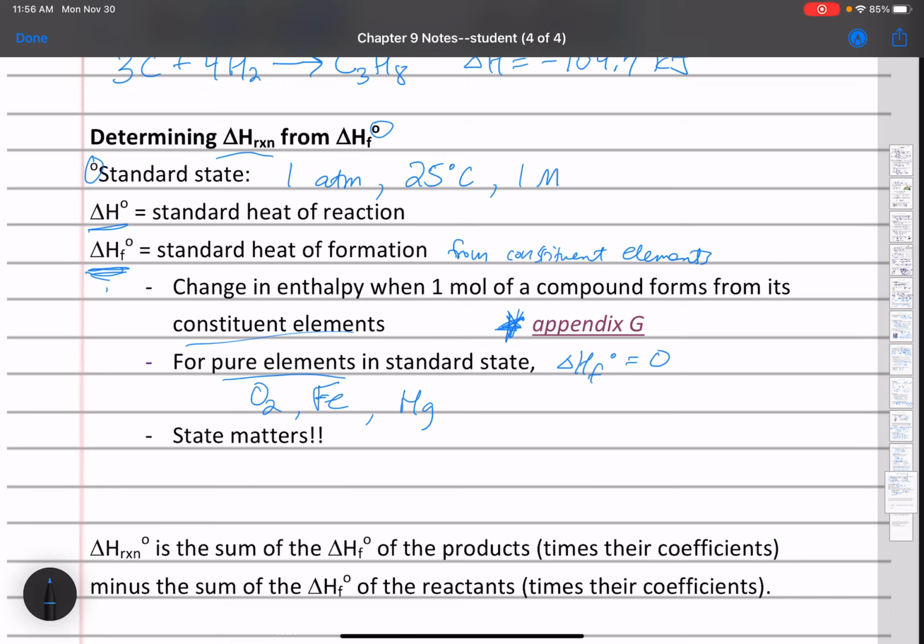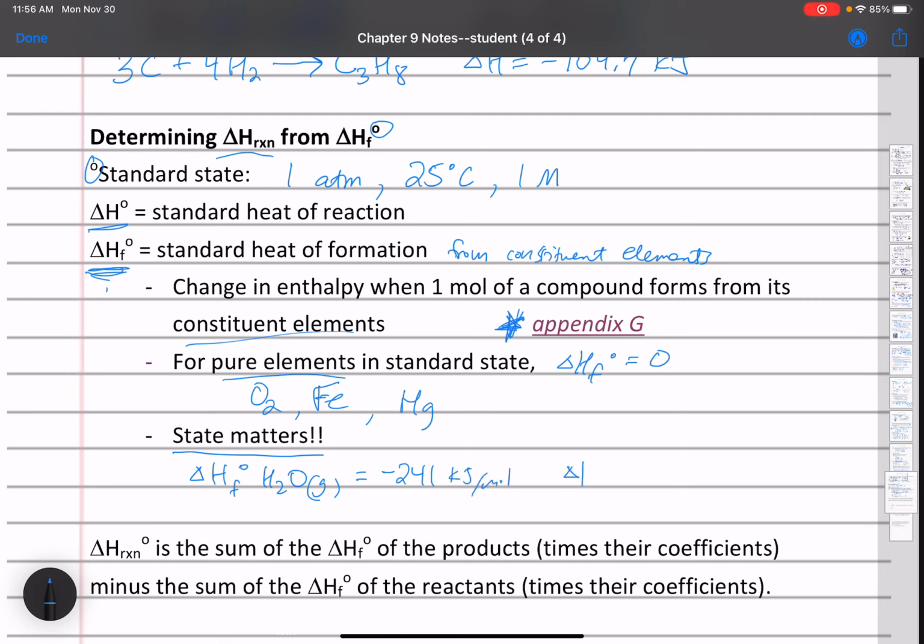Also to note is that the state of the substance matters, and this is most relevant for water, H2O. The heat of formation for water in its gaseous state, if you look at the table, is negative 241 kilojoules per mole.